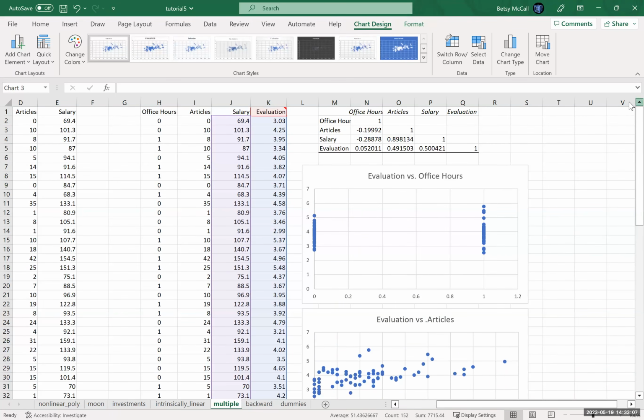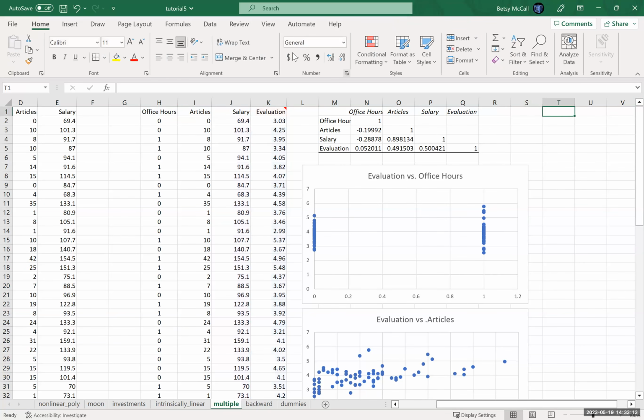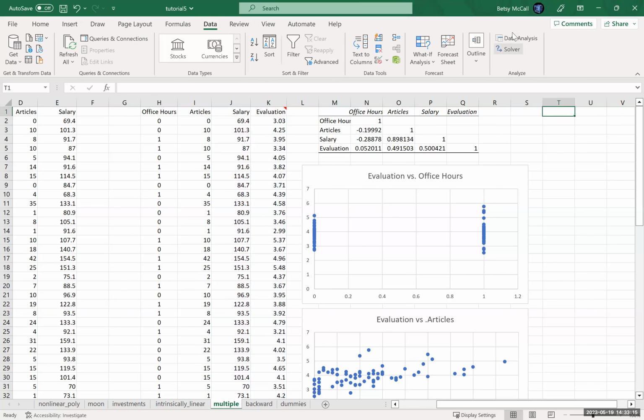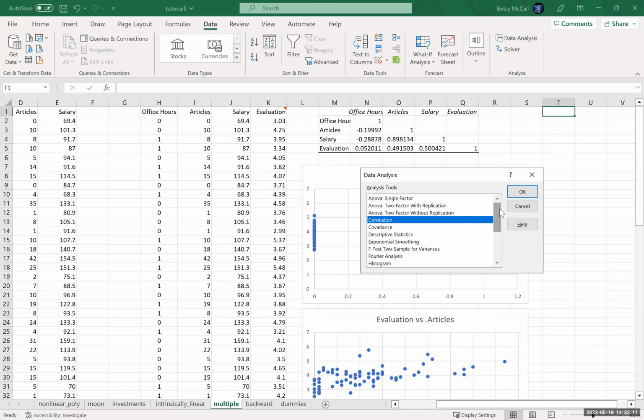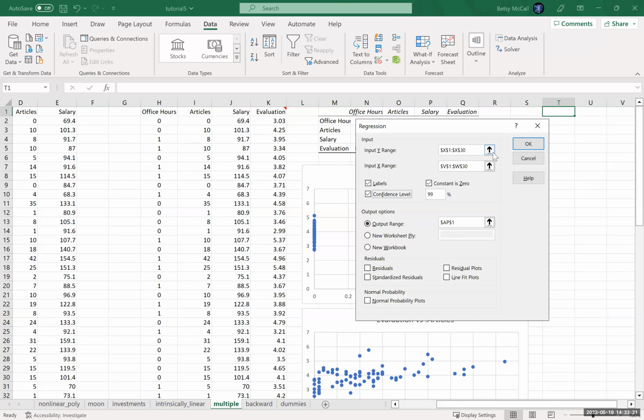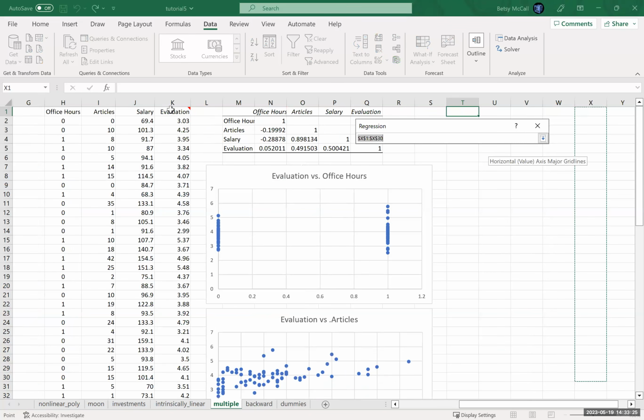And now what we can do is our analysis of all of the variables put together. So we're going to go back and do regression. The Y input range is the evaluation column.